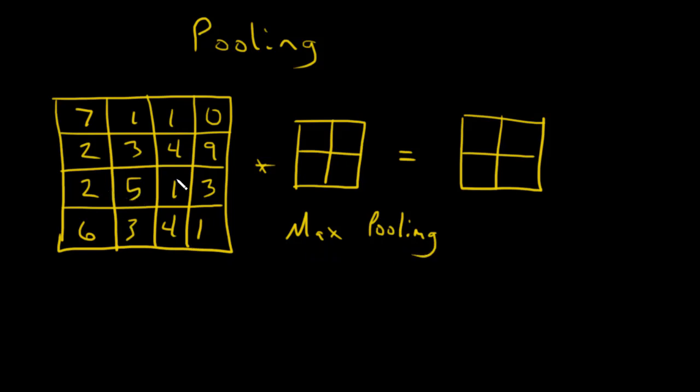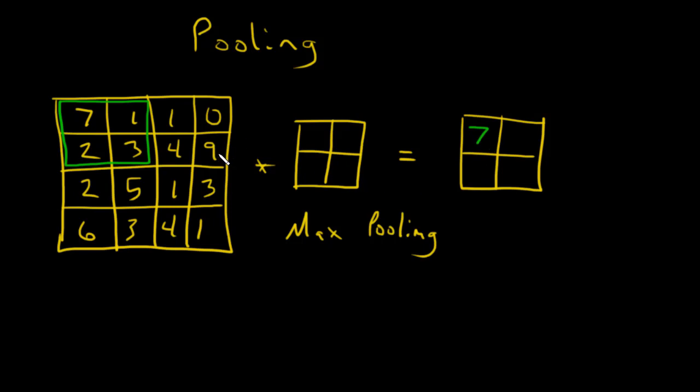Max pooling, you convolve the 2 by 2 with your original pixel image, and you take the maximum value that's within that grouping, and that's what you store in the resultant matrix.